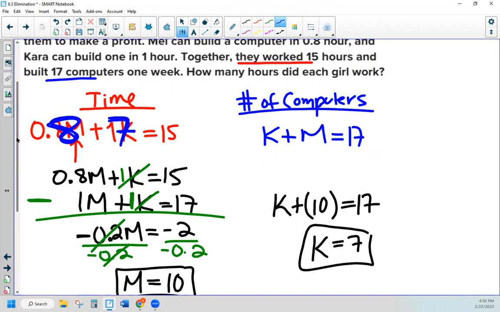It told us that Kara makes a computer every hour. So since she worked 7 hours, she made 7 computers, right? So this right here is our answer. May worked 8 hours and Kara worked 7 hours.